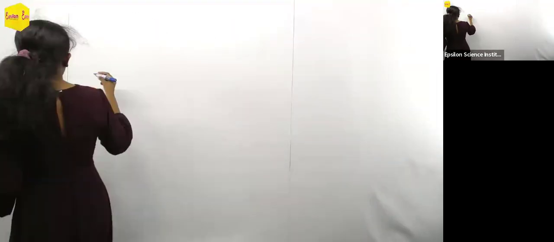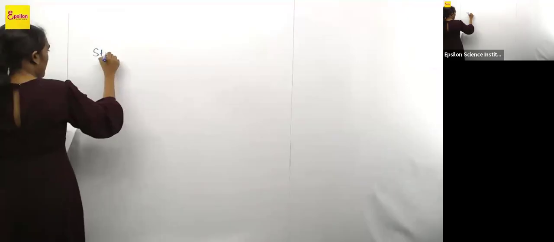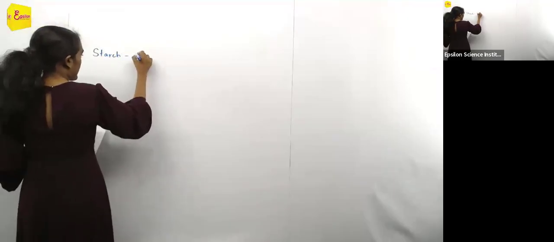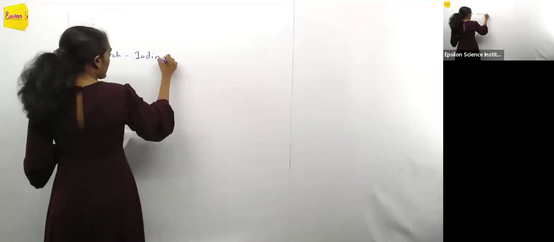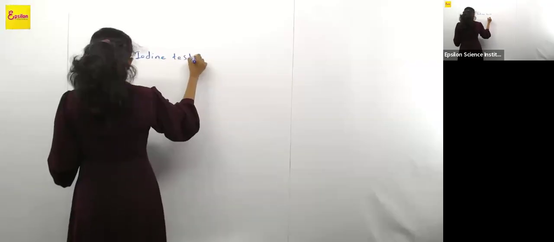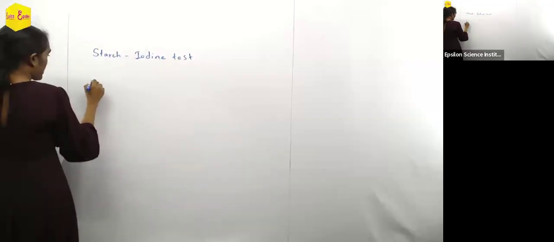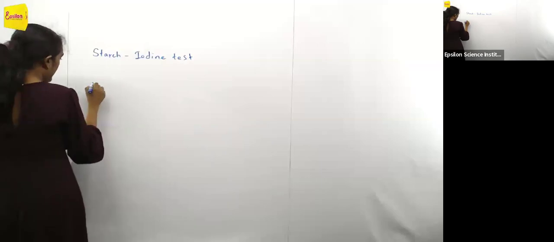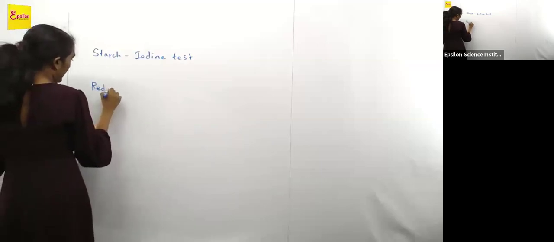What is the name of the test for starch? Iodine test. Then for reducing sugars, one test is enough, right? We are learning only one.